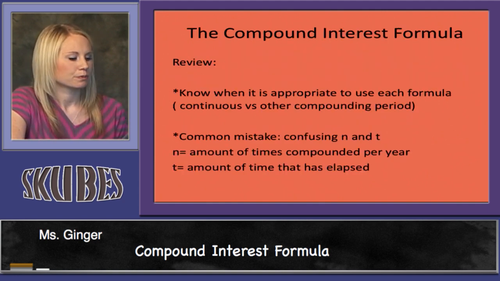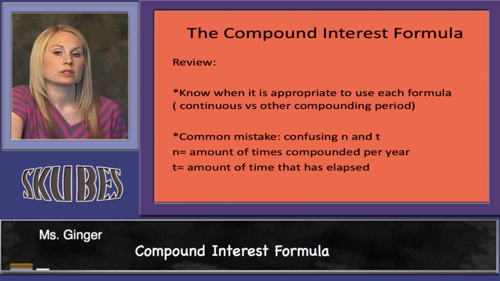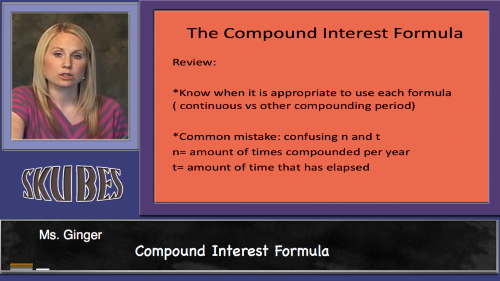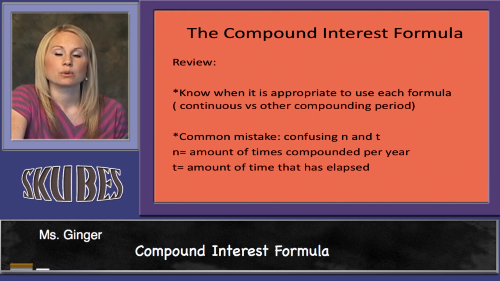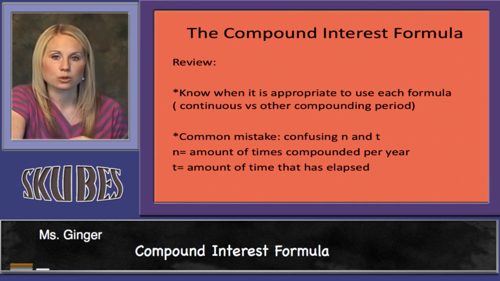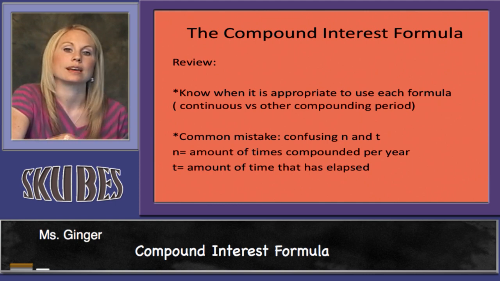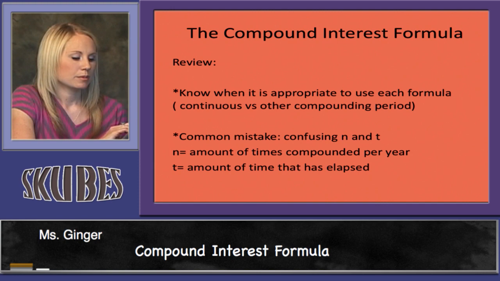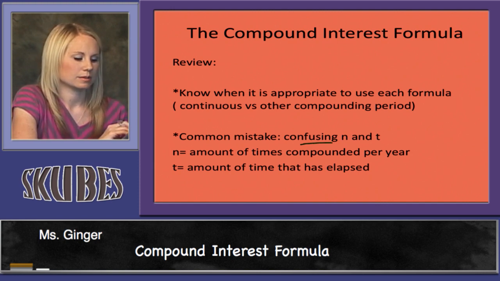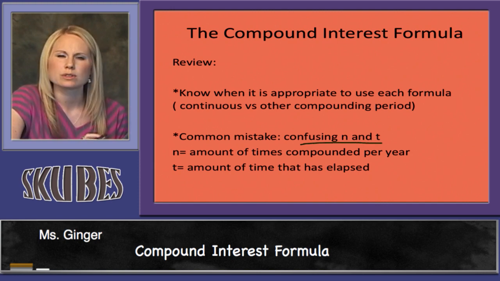So let's review. We need to know when we're dealing with these types of problems when to use which particular formula. So remember, you're actually going to see the wording compounded continuously if you need to be using that other formula, the P with the base of e to the RT. And one common mistake that we see lots of times is that people confuse that n and that t.